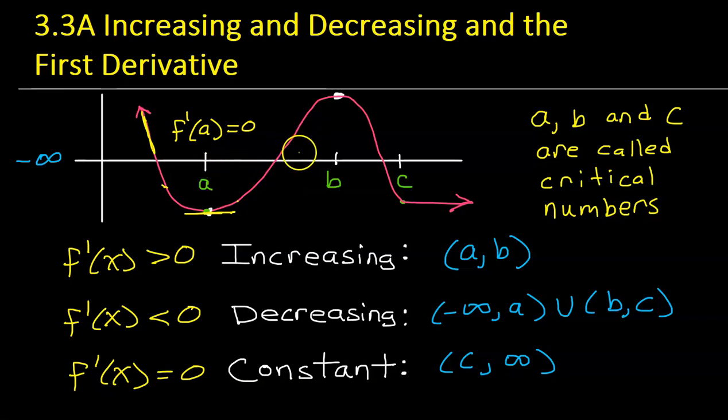Similarly, the derivative of f at B is also equal to 0. Slope of the tangent line equals 0 there. C is a critical value because the derivative is undefined. All right, f prime at C is undefined.